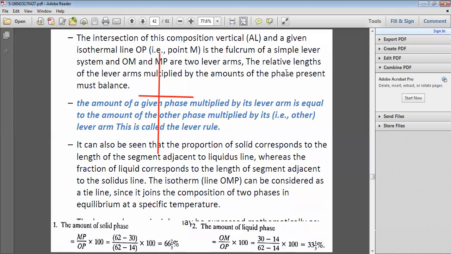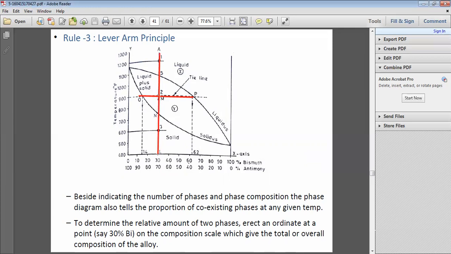The relative lengths of these lever arms multiplied by the amounts of phase present must balance. So if we see, OM and MP are two lever arms in this case, this line OM and MP, and this point M is basically a fulcrum.